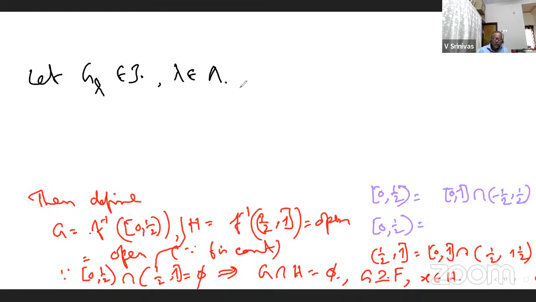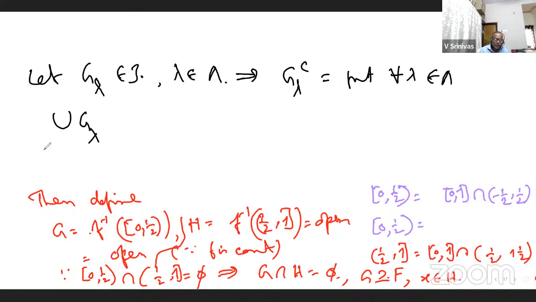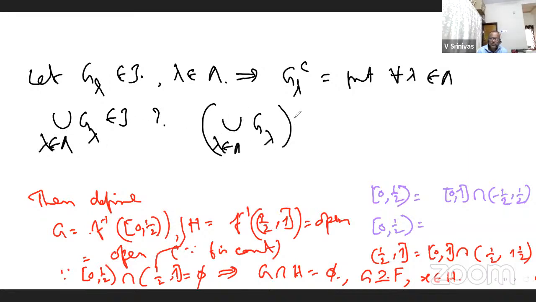What does this mean? The G lambda complements are finite for each lambda. Then go for their union. We have to check whether their union is in tau. To check this, you have to go for the complement. The complement of the union of G lambda is the intersection of G lambda complements, lambda belonging to script lambda.